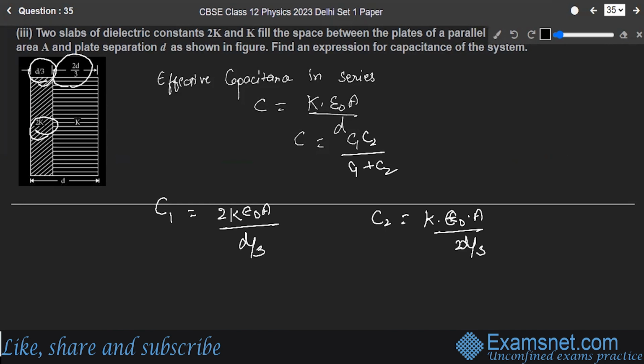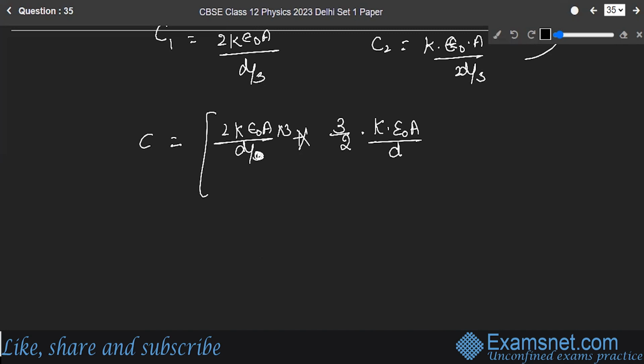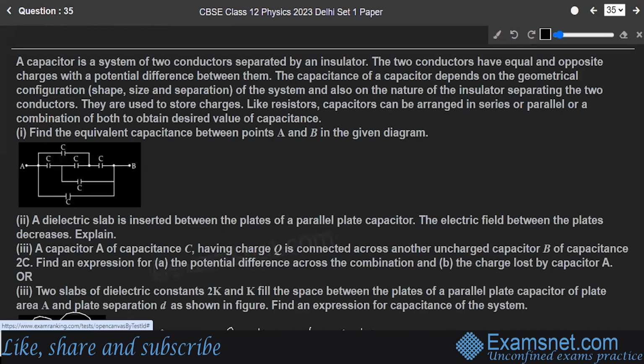Right. So C is equal to this. Let's fill in both the values in the given equation. So you will have C is equal to 2K E naught A upon D by 3 multiplied by 3 by 2 K E naught A upon D. I will keep this 3 here. Hope you are clear? Let's rewrite this thing again.